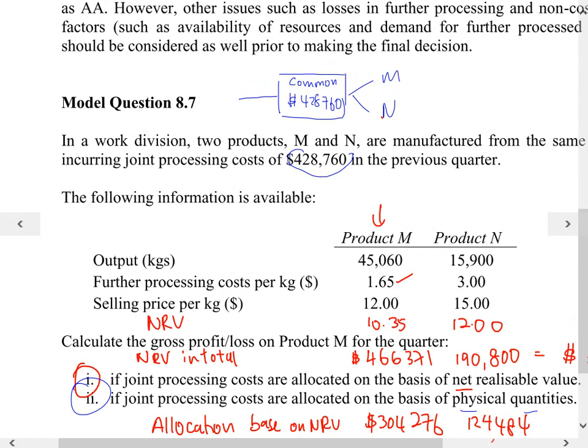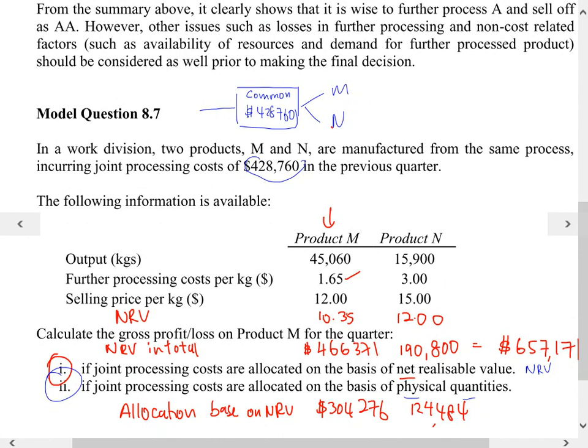So our output is 45,060 and 15,900. What is my total output? 60,960 kg.